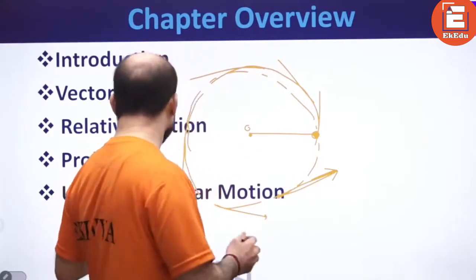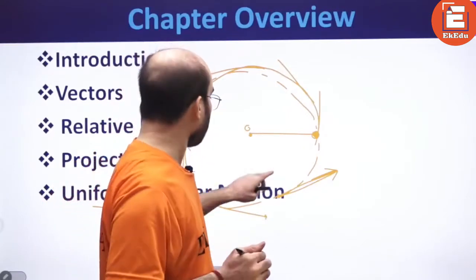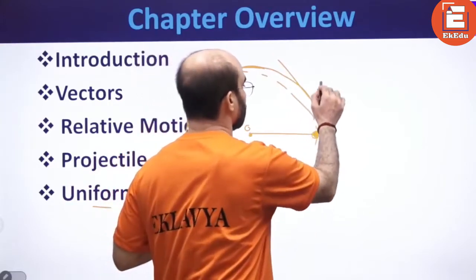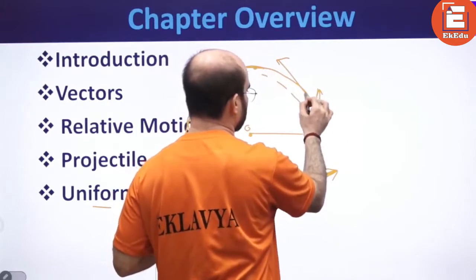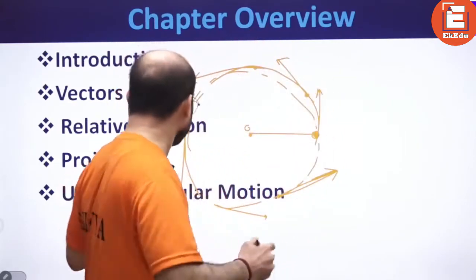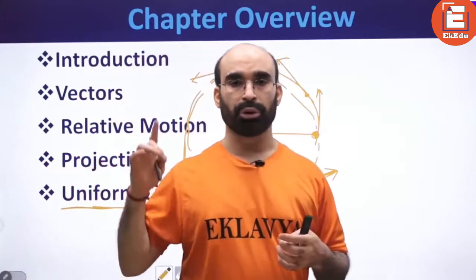That is why it is called uniform circular motion. At every point, it has got a different direction, but since the magnitude is constant, it is uniform circular motion.